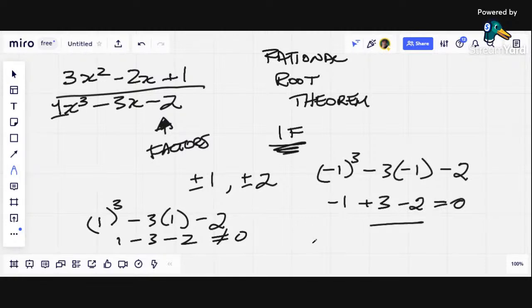So we know that one of our roots is negative 1. We could go on and check the other 2, but we're going to stop at negative 1 because that's enough for us to convert it into a quadratic expression. And once it's in quadratic form, we've got a lot more ways to break it down.